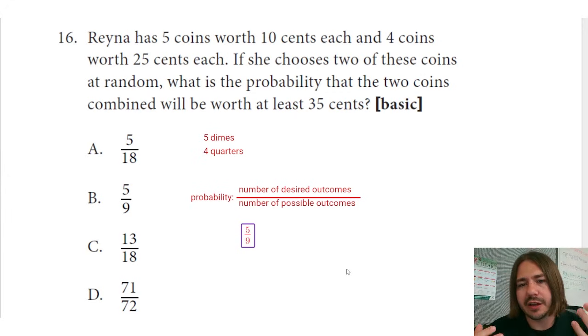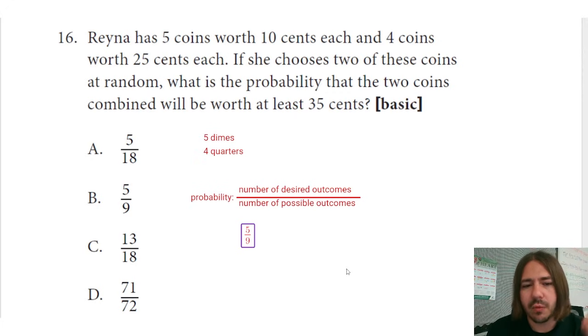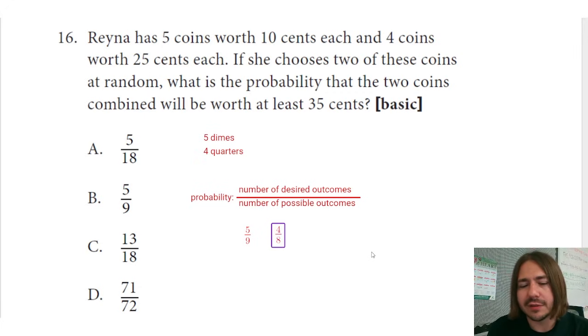When we have these combined probabilities where the second event depends on the first event, you have to think about how many possible outcomes you are actually left with, right? So we pick 1 dime. The probability of the second one being a dime, well, since we've already picked 1 dime and we've removed it, there's only 4 dimes left, and there's only 8 total coins left.